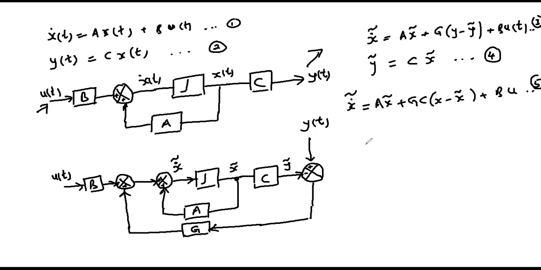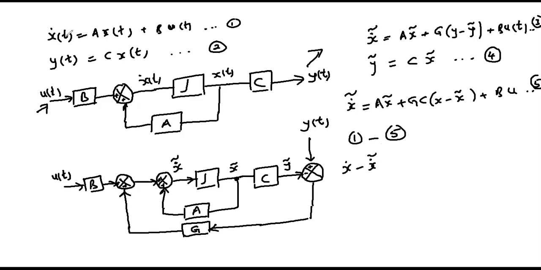Now, if we take equation 1 and subtract equation 5, on the left-hand side I'll have x derivative minus x estimated derivative.